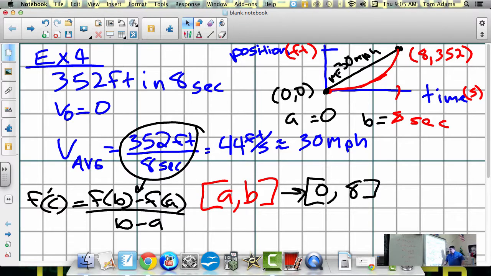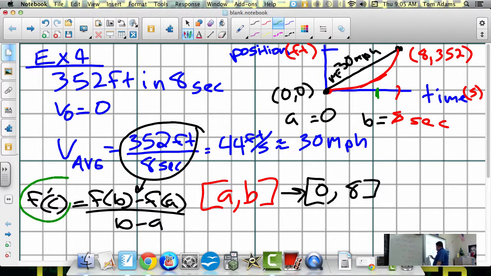So what they're saying is that somewhere in here, between A and B, there exists a C, right? This is what the mean value theorem means, where the instantaneous speed is equal to the average speed, which makes sense, right?